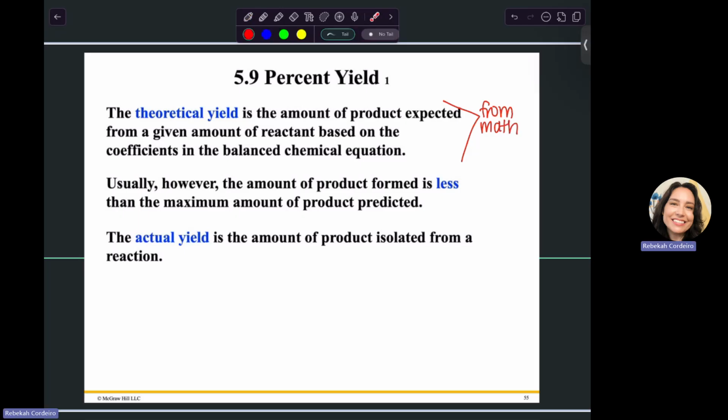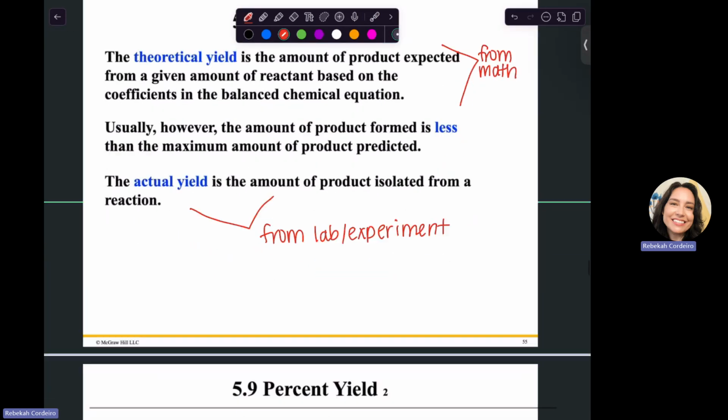But if we actually go into the lab, sometimes we see that we made less than we expected. The actual yield is how much we actually make in the lab or the experiment. Sometimes it's called the experimental yield. Yield means the amount of product.